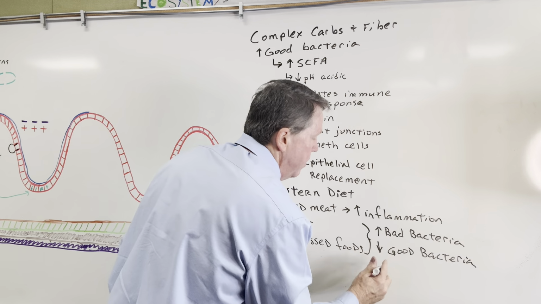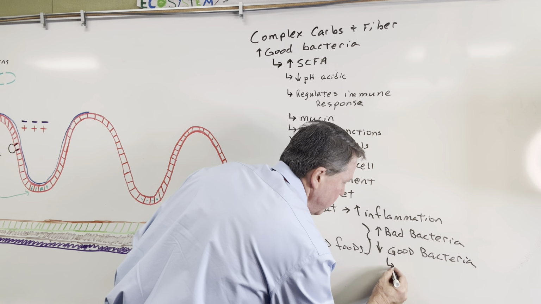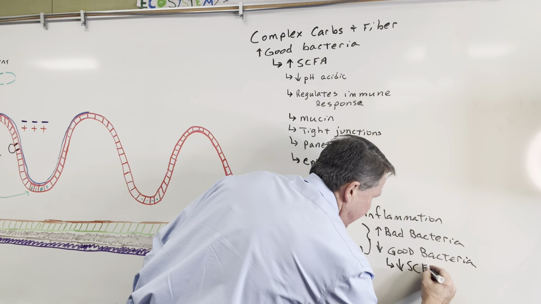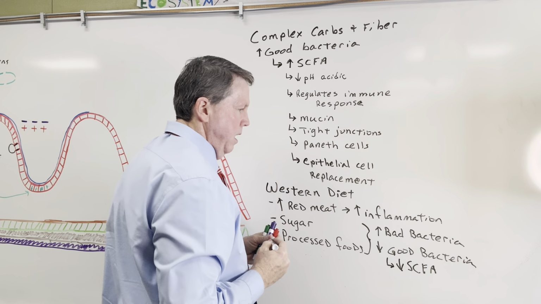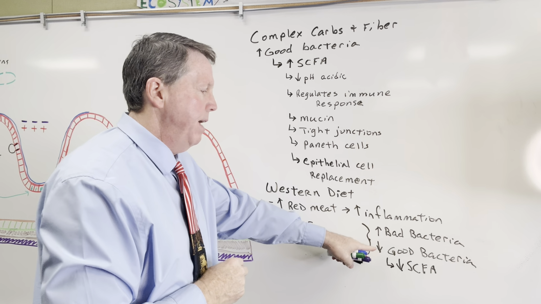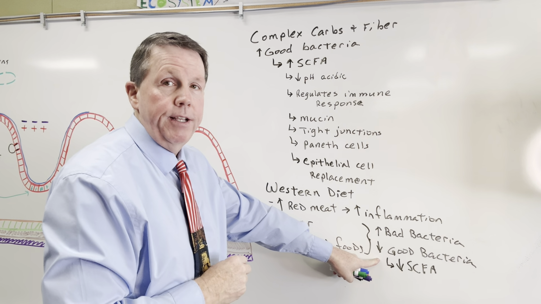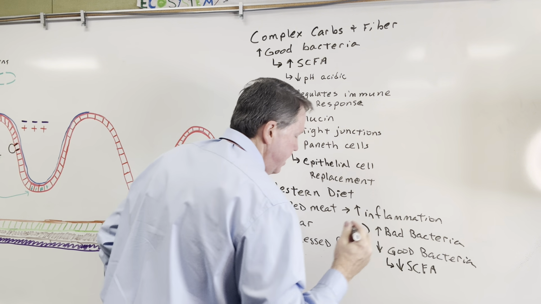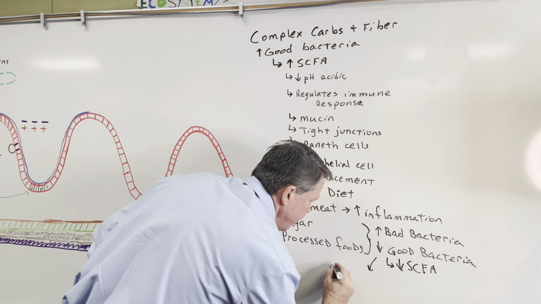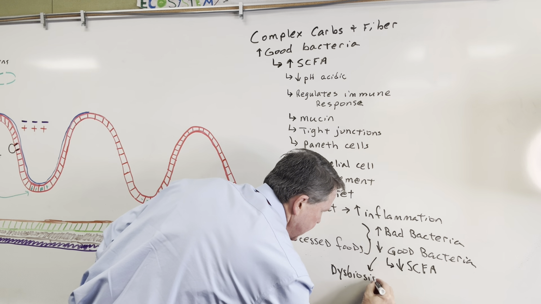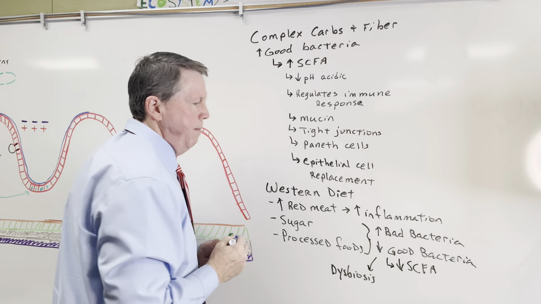Because we have a decrease in good bacteria, that's going to lead to a decrease in short chain fatty acids. Okay? When we get too many bad bacteria and not enough good bacteria and they're out of balance, this is called dysbiosis. It's called dysbiosis when we get more bad bacteria than good bacteria.